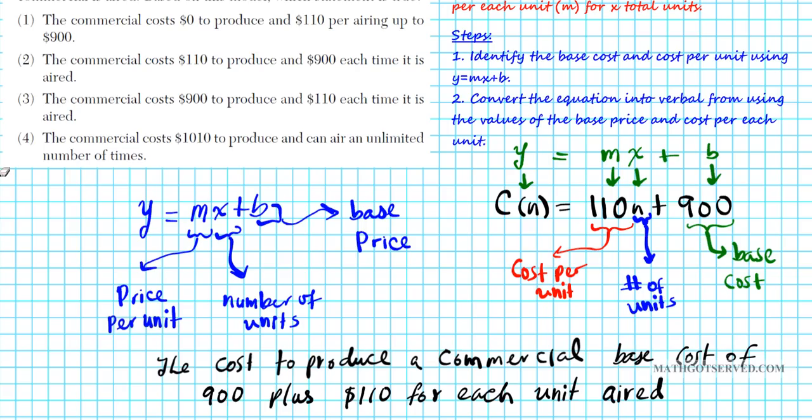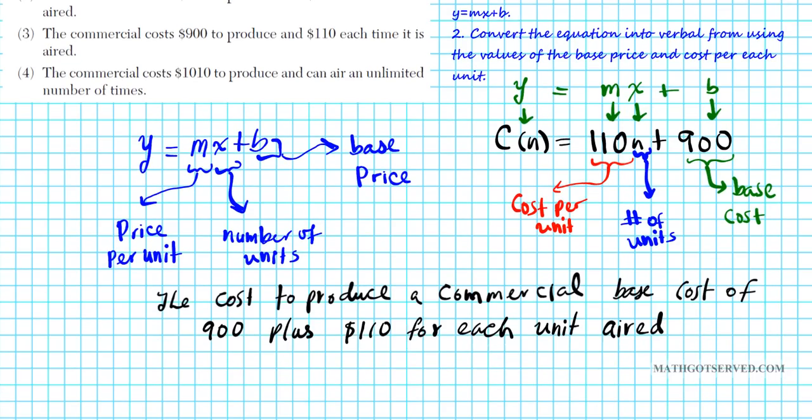So let me just show you some iterations of the situation just to make sure you understand what's going on. Let's say you air one commercial. What is that going to cost? It's going to cost you 110 times the number of units you produce, which is 1, plus the base price, which is independent of the number of commercials you aired. Then you add it up, you have 1090. What if you aired two commercials?